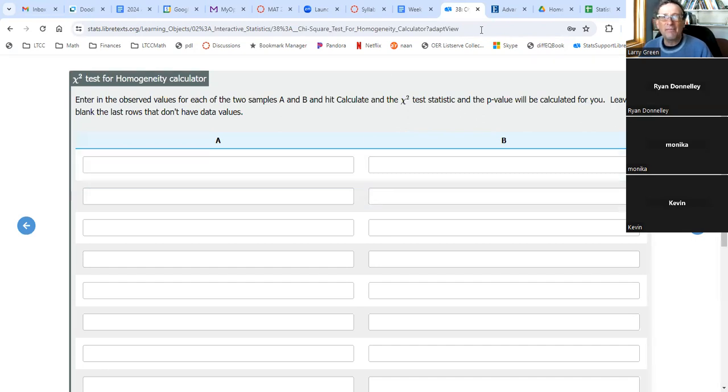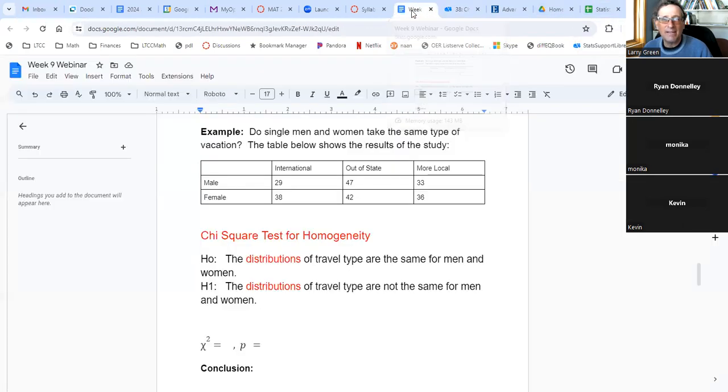Okay, so for A and B, I put these as columns just because it fits better on a phone or on a computer, whatever. It just looks a little better, especially on a smartphone. So that's why I made them columns. And we go ahead and put the numbers in. 29, 47, 33.